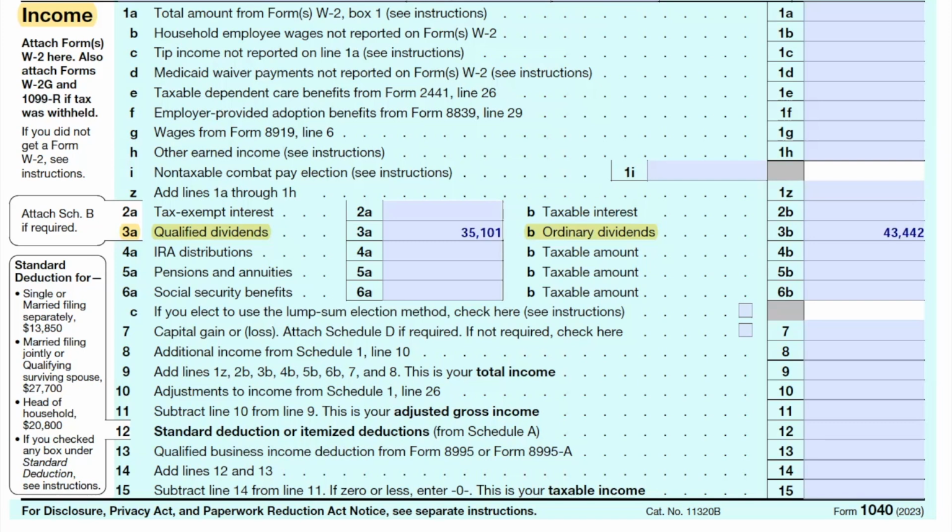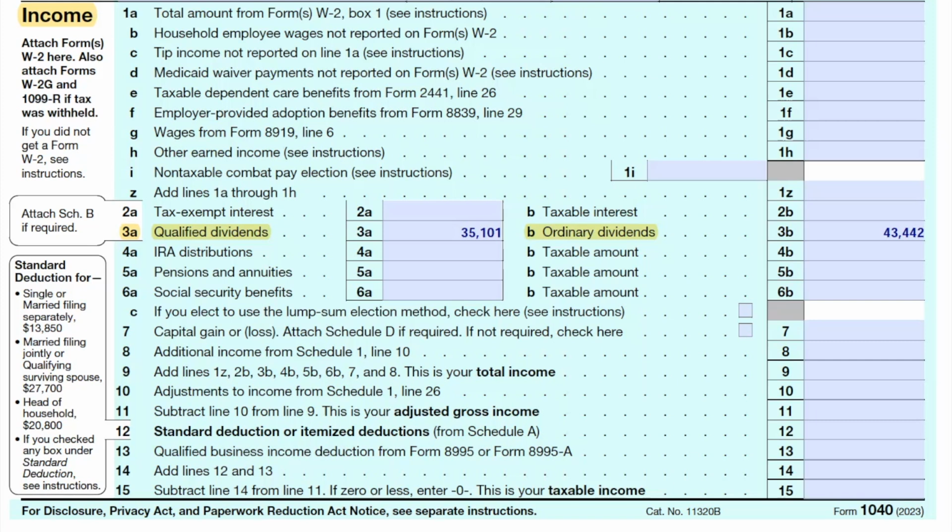I divide the qualified dividends into the ordinary dividends to determine the percentage receiving favorable taxation. In this example, $35,101 of the total $43,442 equals 81%, meaning most dividend distributions received within the taxable brokerage accounts have received favorable tax treatment.